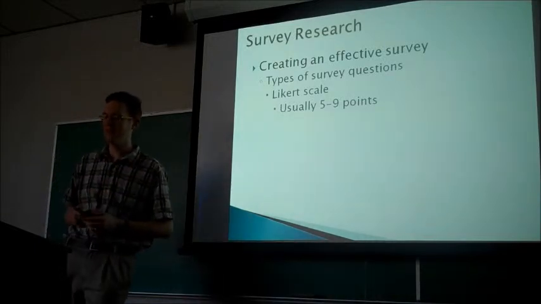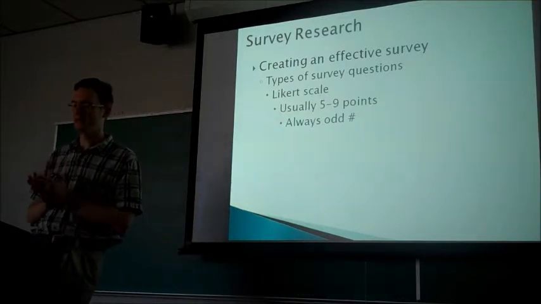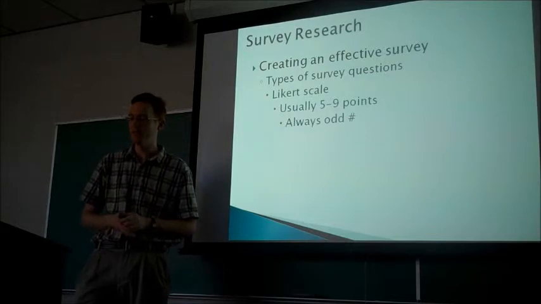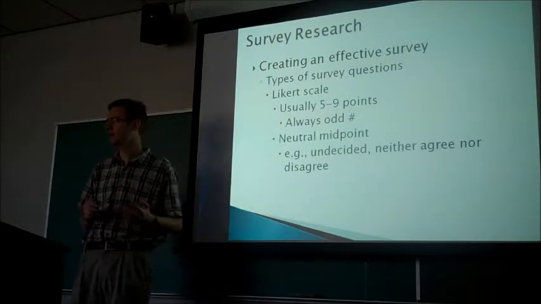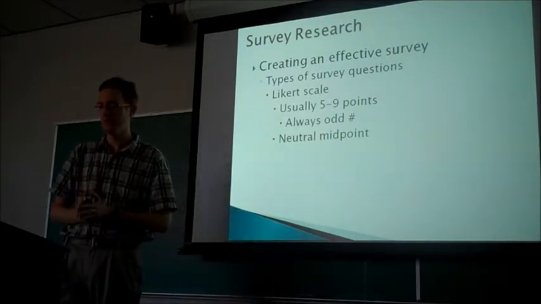Another interesting little fact about a true Likert scale is that it always has an odd number of points. So the midpoint of the scale, if it is a true Likert scale, is going to be some neutral attitude.